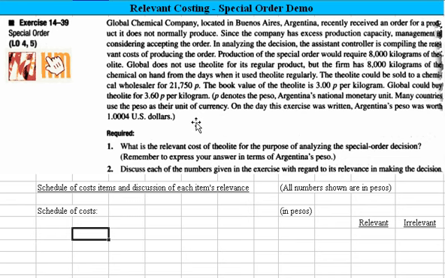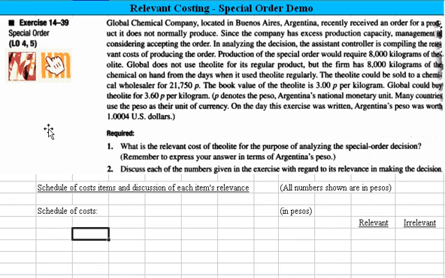They could also buy theolite for 3.6 pesos per kilogram. Just as a frame of reference, when this exercise was written, the Argentine peso was equivalent to 1.0004 US dollars, so a peso is about equivalent to a US dollar.